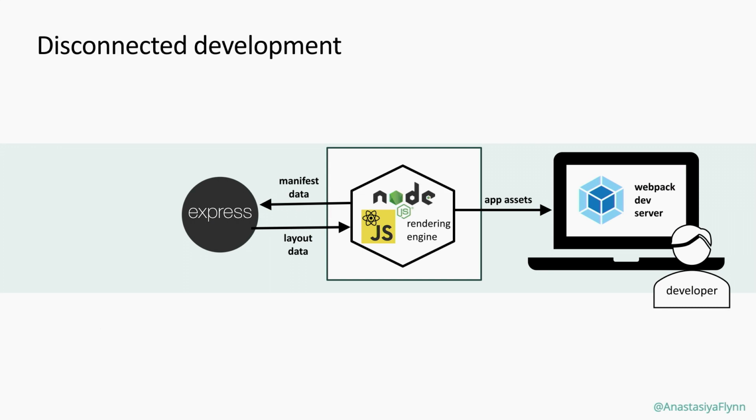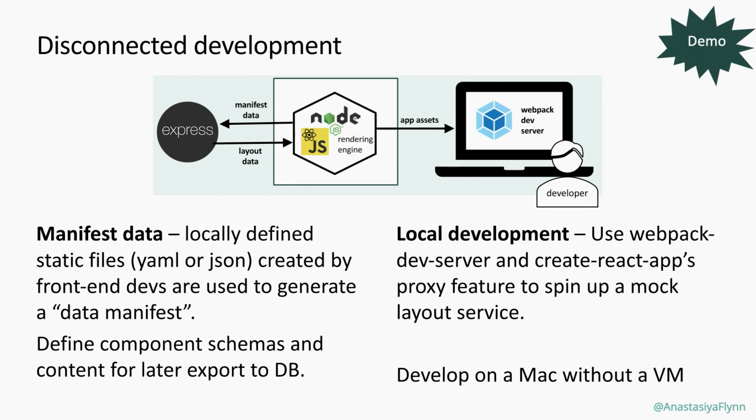So we built something called disconnected development. This is something that happens at the start of projects. And this is really powerful because it lets JavaScript devs mock all the .NET bits and define their own layout data during development. So the JavaScript devs are still building their isolated React or Angular or Vue application that's being run with Node, and the idea is that it's going to be server-side rendered.